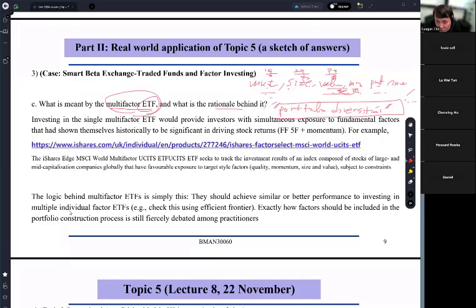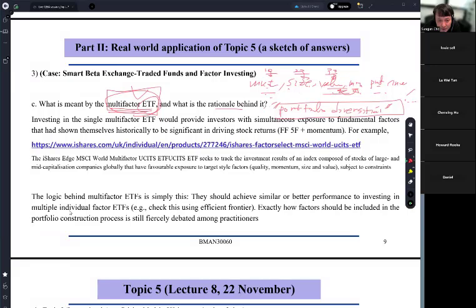And because of these negative correlations or small correlations, by combining these factors, the portfolio could be better than investing into each asset or forming a portfolio by yourself. So an expert produces a multi-factor ETF and proposes this one to investors.